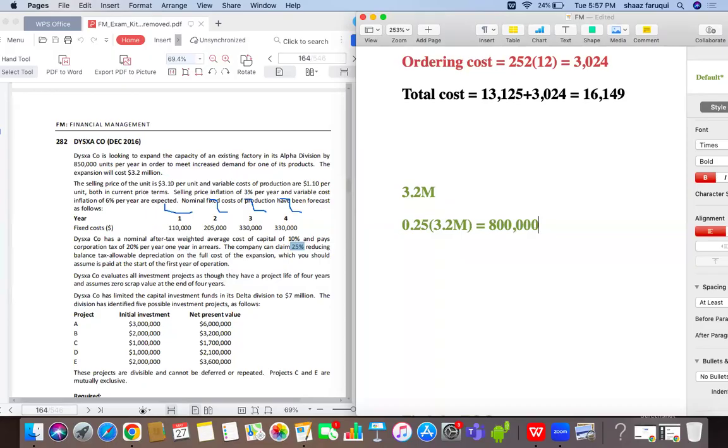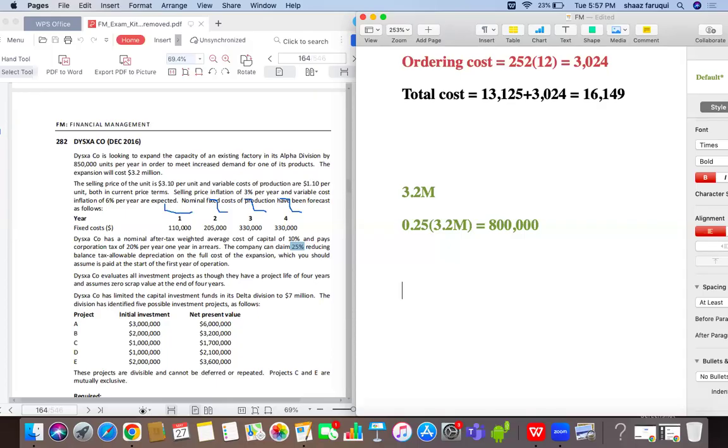Second year's depreciation is what? It's a reducing balance, right? So second year, the carrying amount of the asset will be how much? From 3.2 million already, 800,000 is depreciated.